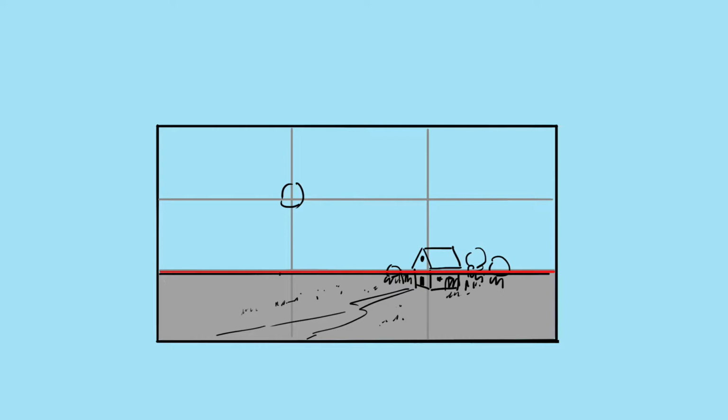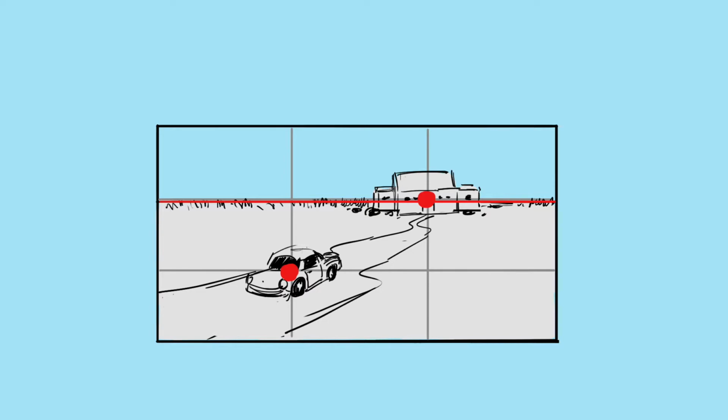So we would place the horizon line at the bottom there, right? Now, in a different scene where we would want to emphasize the lower half of the scene, maybe more of the grass, more of what's happening on the ground plane, we can place the horizon line on the top horizontal line of the grid. So in this scene, we would want to emphasize more of the house and the car going towards the house.